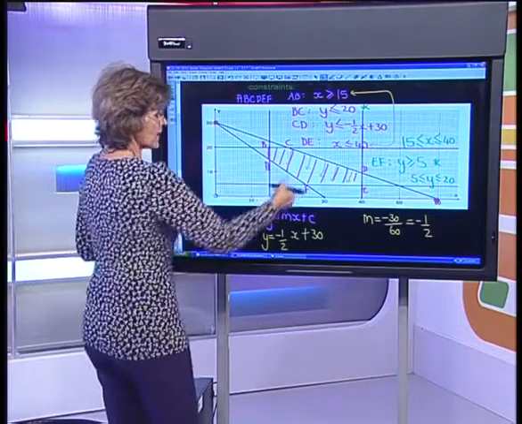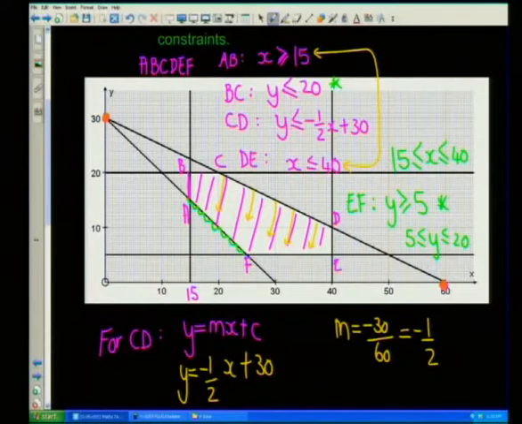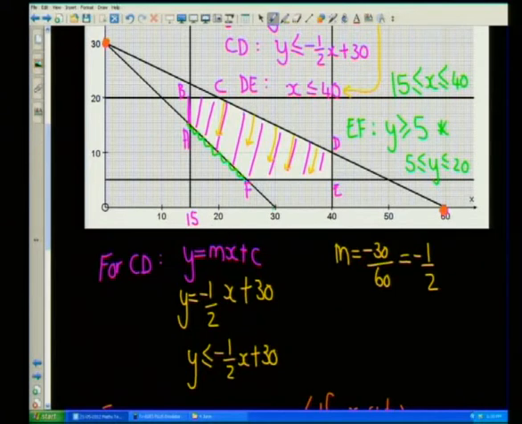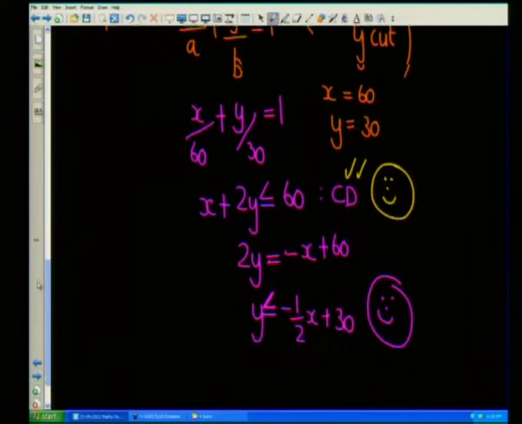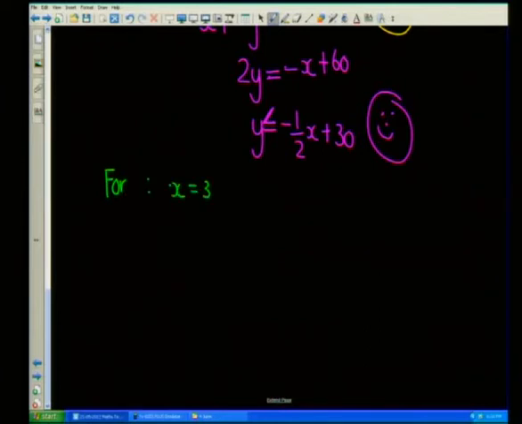Okay, right, we're nearly there because the only constraint that we've got to talk about now is AF. And I'm not going to do it both ways. I don't want to waste too much time with that. But what I can see from the start is that it goes through 30 and it goes through 30. So for that last bit, I'm going to use an X going through 30, a Y going through 30.